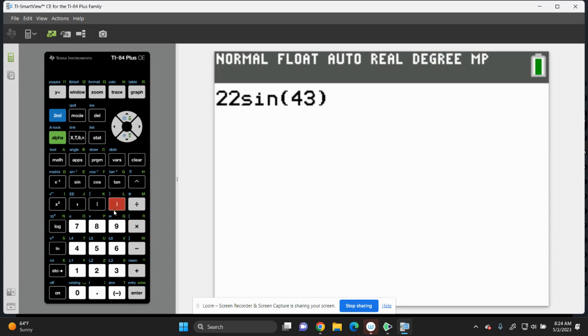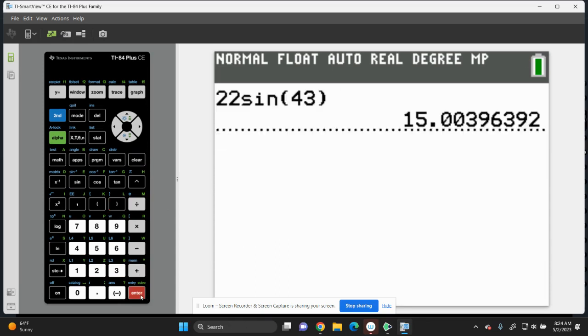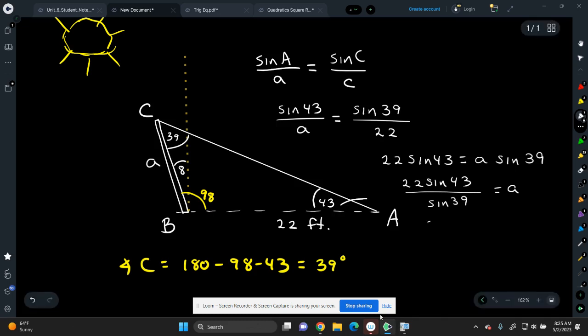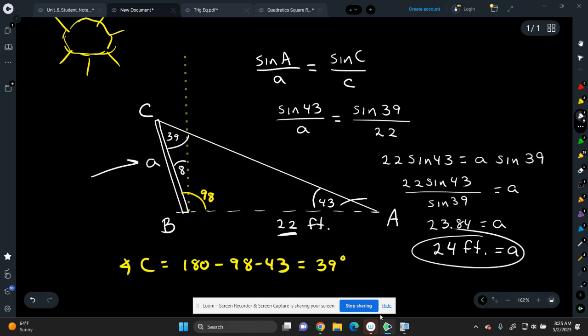Did I do that right? Yes. Divided by sine 39. 23.84. So again, we're going to round based on what they have in the problem. So what are we going to round that to? 24 feet. Okay, and that's the height of our pole.